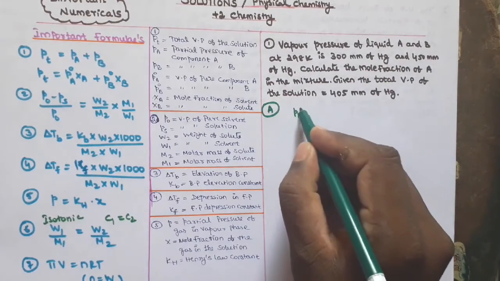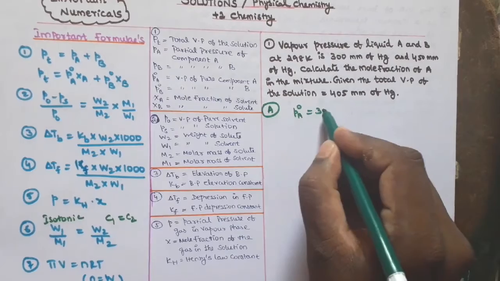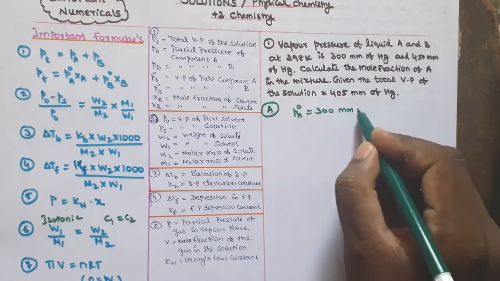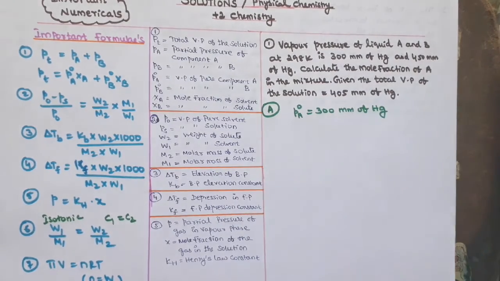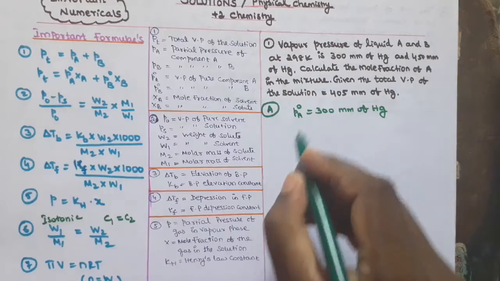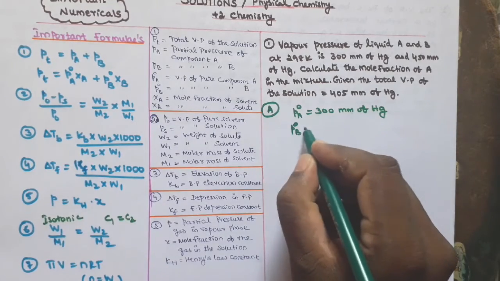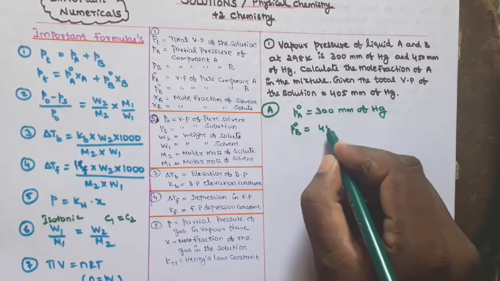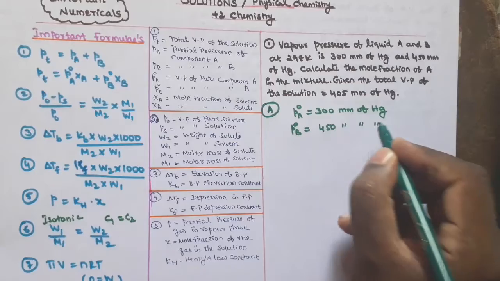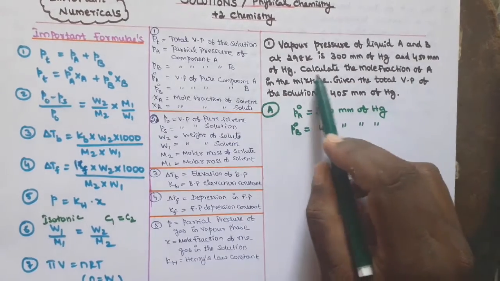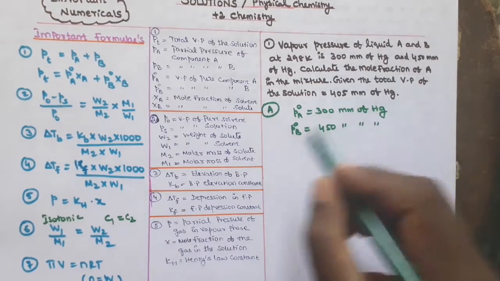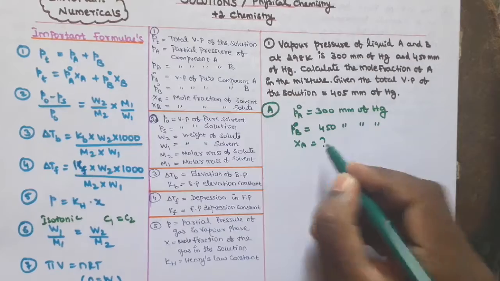Pa° = 300 mm of mercury and Pb° = 450 mm of mercury. The mole fraction of A is Xa.